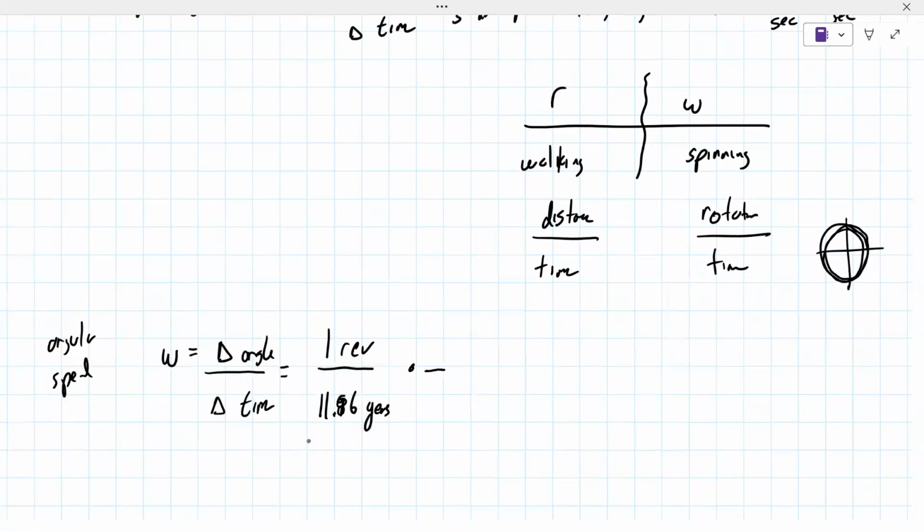All right, now what is a revolution? Well, a revolution is 2 pi radians. That's 360 degrees. We don't use degrees, we use radians.